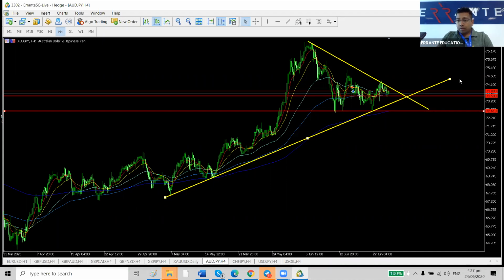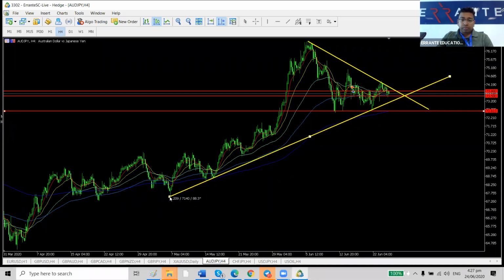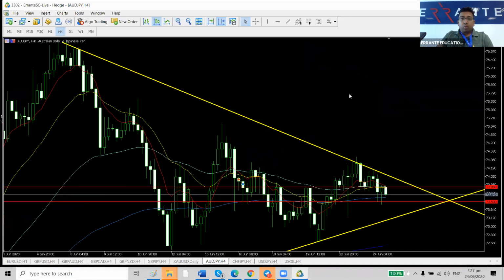Okay, there you go. Mix that one up a little bit. Okay, now it looks a little better. Okay, so this is AUDJPY. Okay, so AUDJPY is trading there.